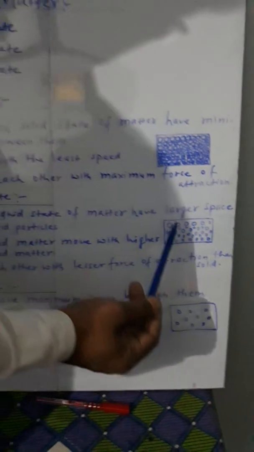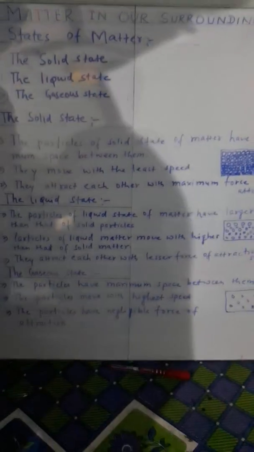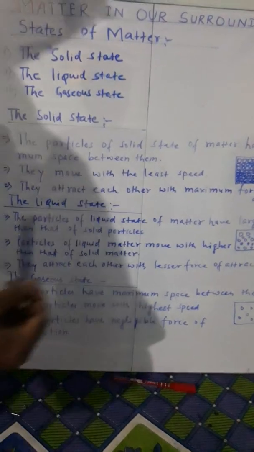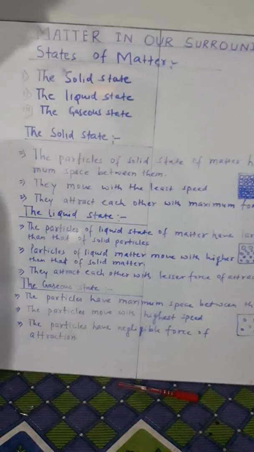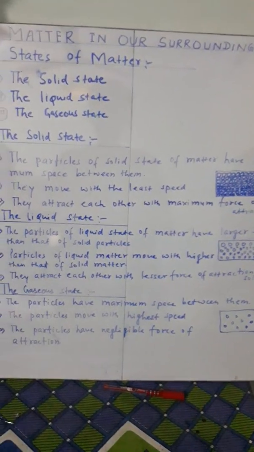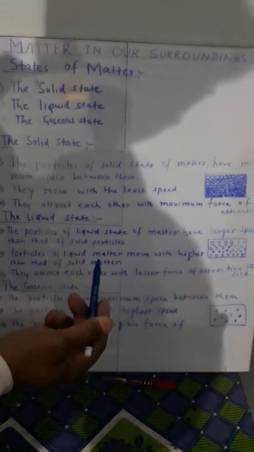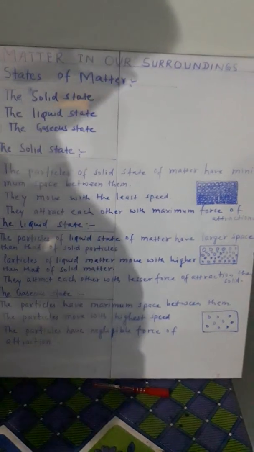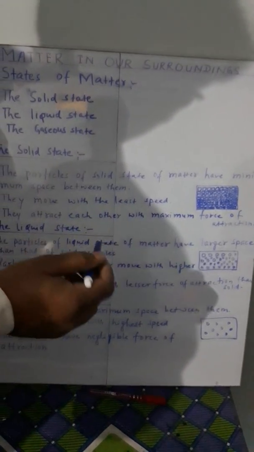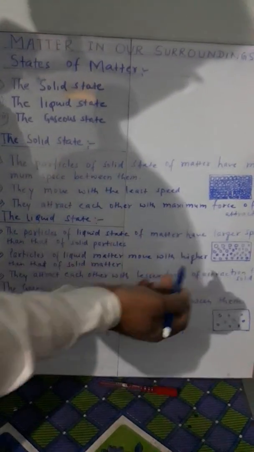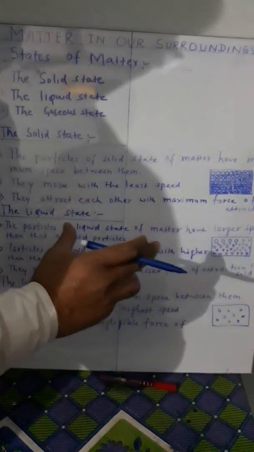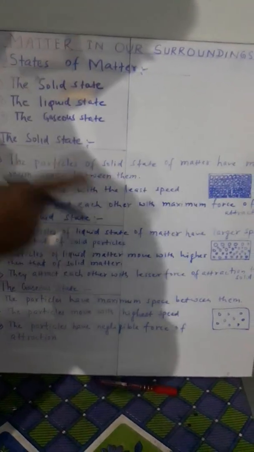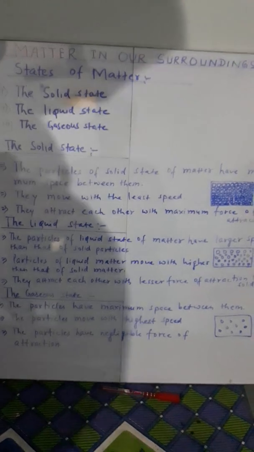They have more space than solid. They move with higher speed than solid, and they attract each other with lesser force of attraction, meaning the particles have less force of attraction compared to the solid state.